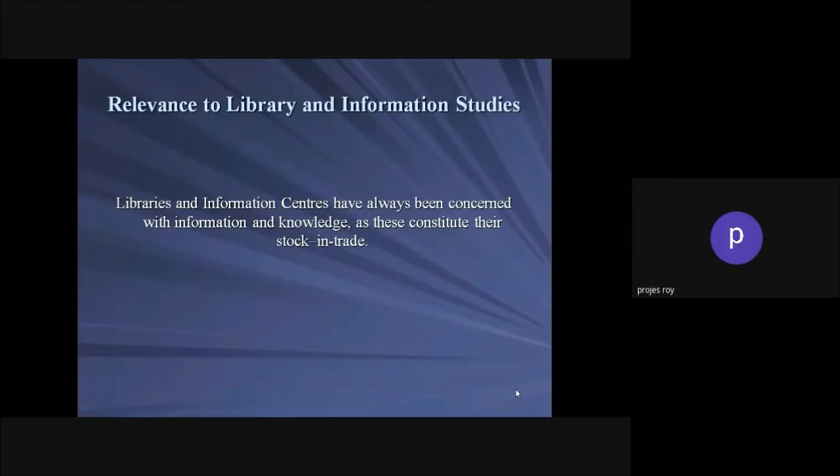If we dissect information into three categories, one is primary, that is newspapers and journals, the first-hand information which is coming. Secondary information means books, and tertiary information is encyclopedias, dictionaries, and the like.